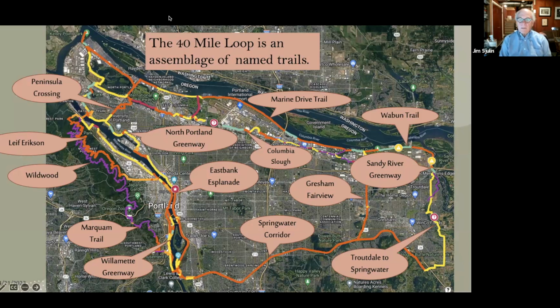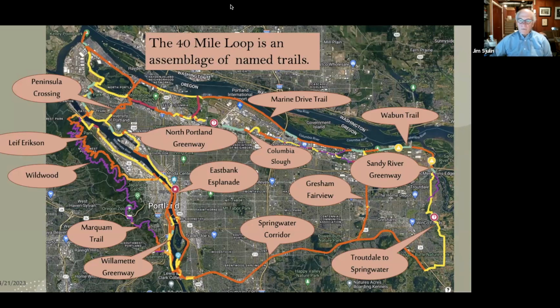But if you ask them, well, where's the East Bank Esplanade, or where's the Marine Drive Trail, or where's Wildwood Trail, they'll be able to tell you. Where's the Springwater Corridor, perhaps our most famous trail that everybody knows about. So the trails actually fly well under their own identity, really.